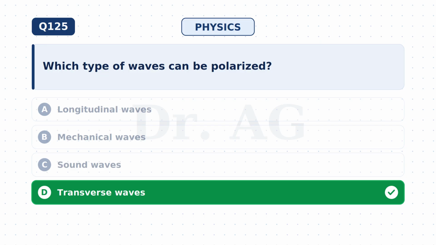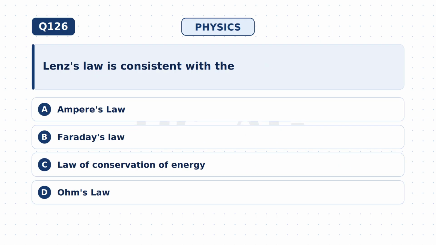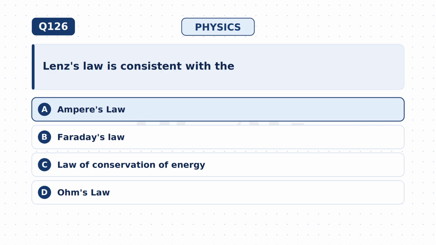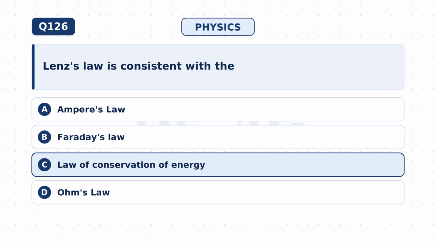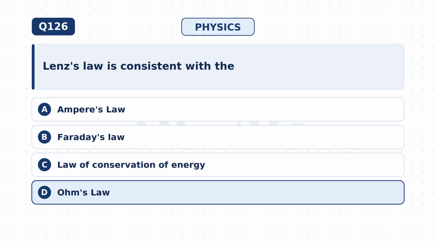The correct answer is D, transverse waves. Question 126. Lenz's law is consistent with the: Option A, Ampere's law. Option B, Faraday's law. Option C, law of conservation of energy. Option D, Ohm's law.